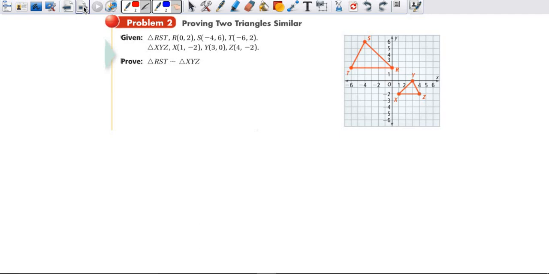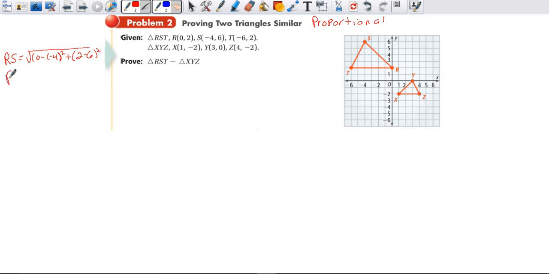Now, for our next one, we need to prove that they are similar. To be similar, instead of the sides being congruent, they need to be proportional. So once we get all of these, we need to set them up as fractions and make sure they are equal. So again, I'm going to do the distance formula for the first set of sides, and then I'll pause it and do the others. So let's do RS first. RS equals the square root of (0 minus -4) squared plus (2 minus 6) squared.